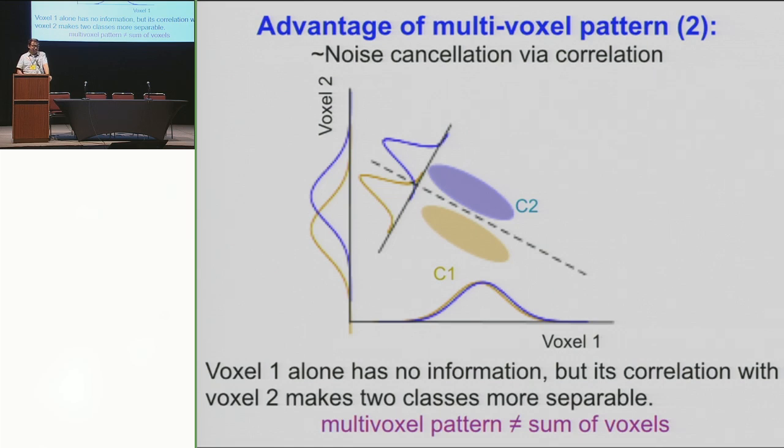But because of this distribution, which has a correlation, called noise correlation, even though voxel 1 alone has no information, it helps to add information given by voxel 2. So this means that the information from multiple voxels is not just the sum of information from individual voxels.